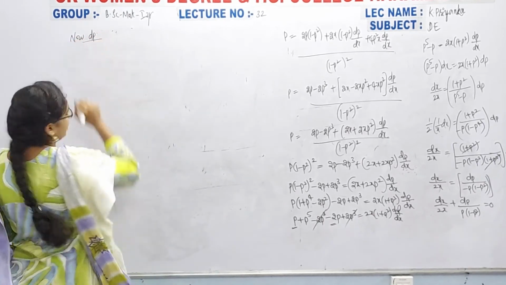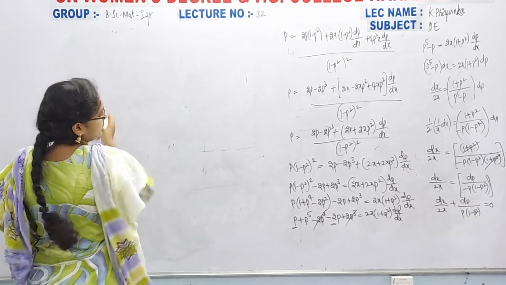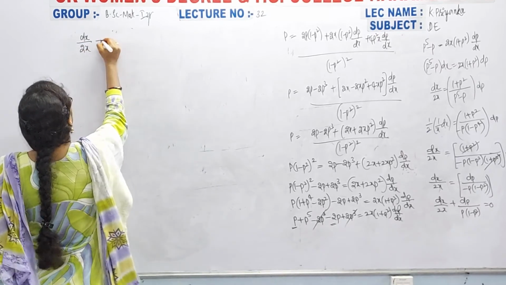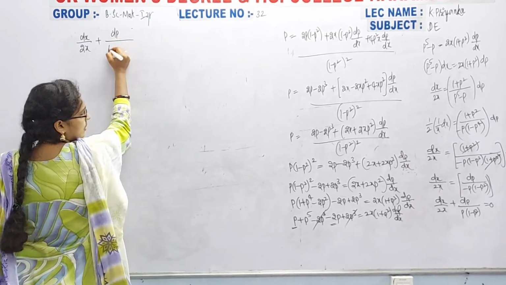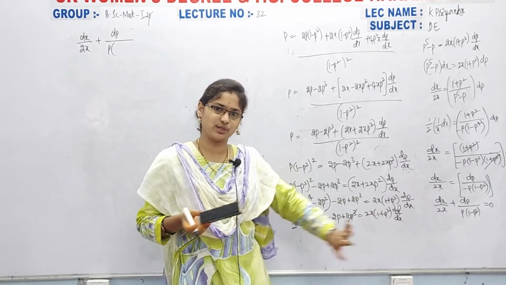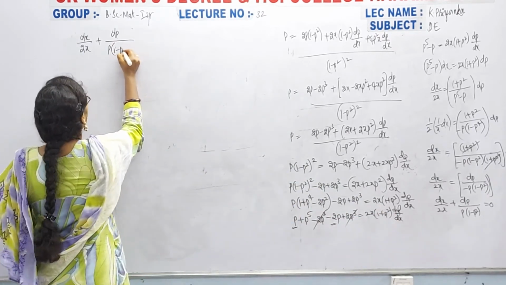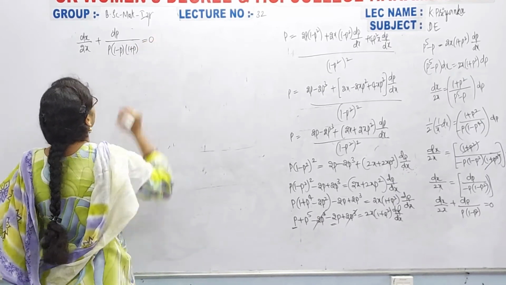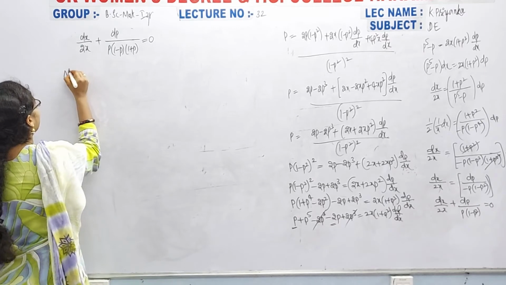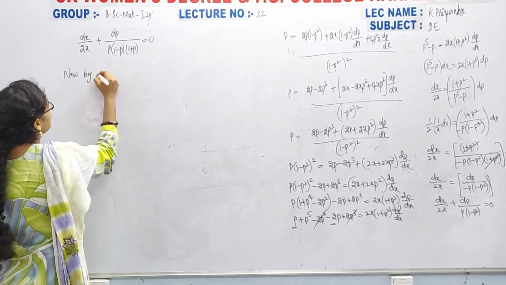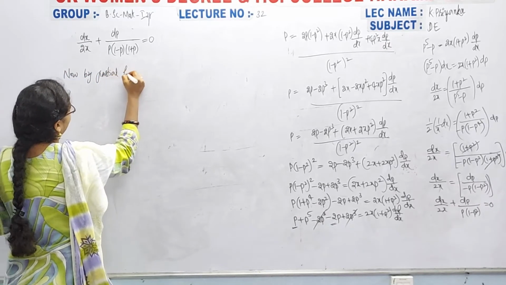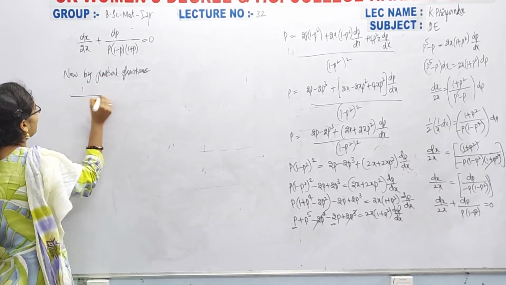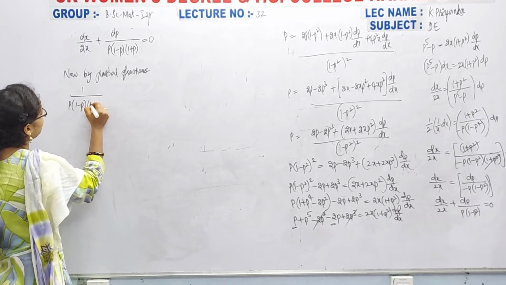Continuation step: dx by 2x plus dp by p of, again a square minus b square, I have. So I am taking 1 minus p into 1 plus p, which is equal to 0. Now by partial fractions, only this term we have to take, that is 1 by p of 1 minus p into 1 plus p.